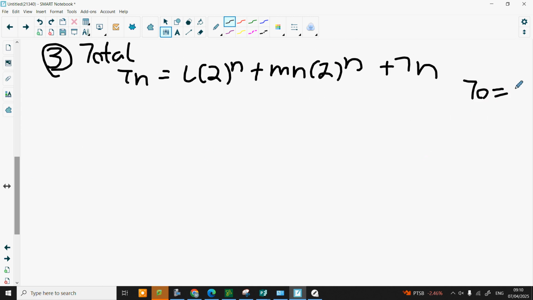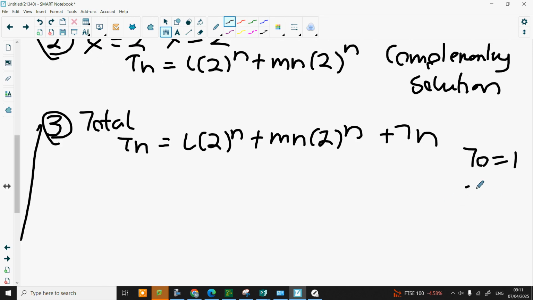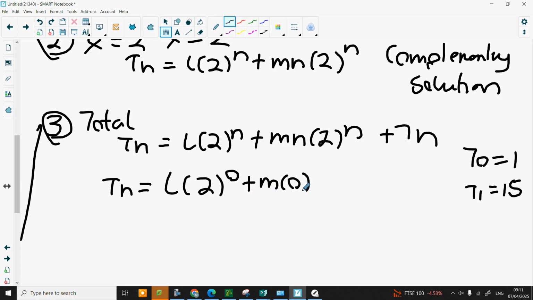T0 equals 1 and T1 equals 15. Okay, we're going to put them in, aren't we? What do we get? L times 2 to the power 0 plus m times 0 times 2 to the power 0 plus 7 times 0.